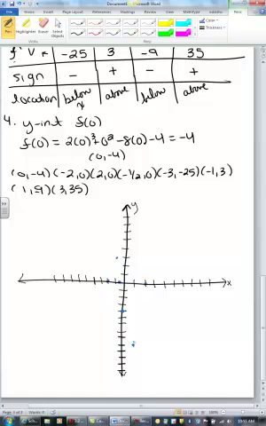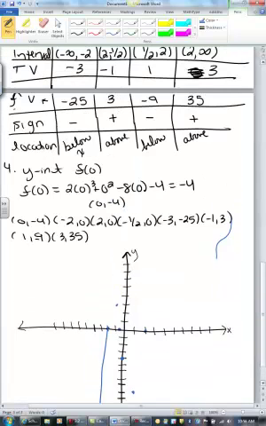Okay, so we know based on the information that we've already gathered that our end behavior is going to look something like this. So that means from this end, I'm going to be going down. We know that we are below the x-axis from -2 to -infinity, so we're good here. We're above the x-axis from -2 to 1/2, so we're going to be here.